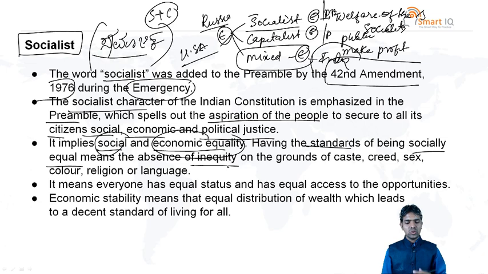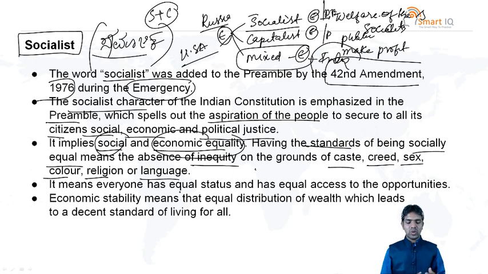In the socialist economy, resources are distributed in an equal manner. There is no inequality on the grounds of caste, creed, sex, color, religion, language, or place of birth. In distribution of resources, the government or organizations cannot discriminate on these grounds. All are equal.